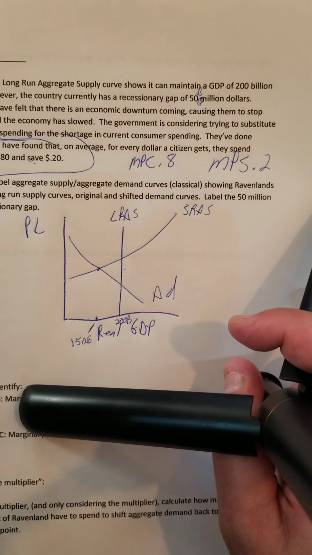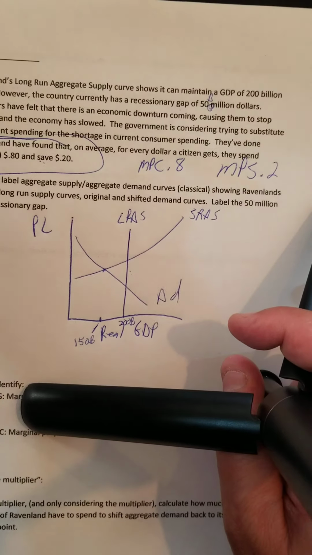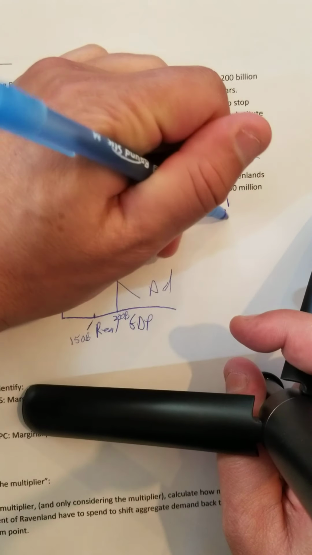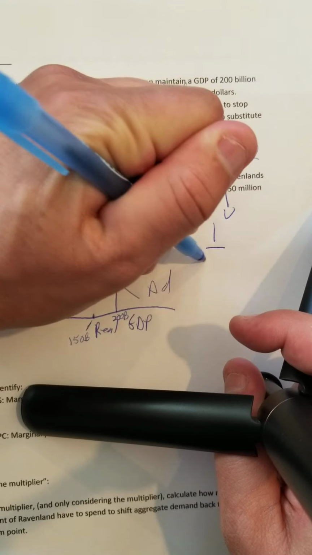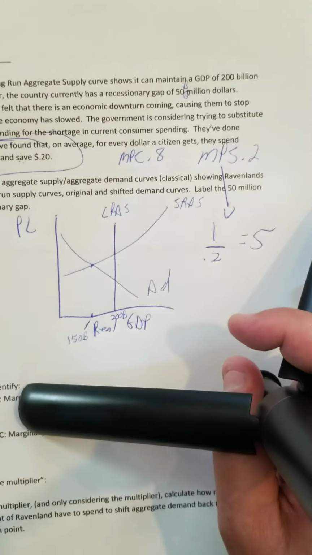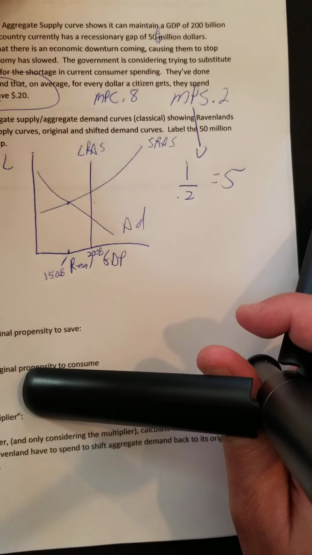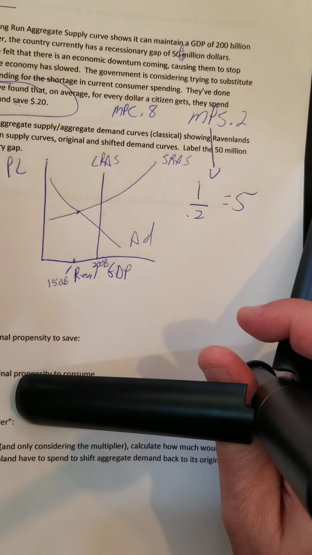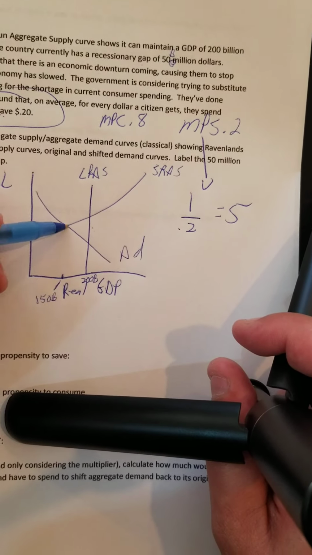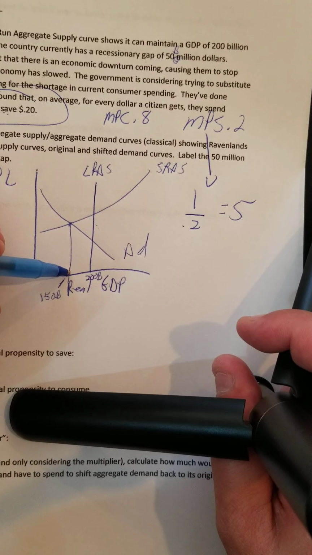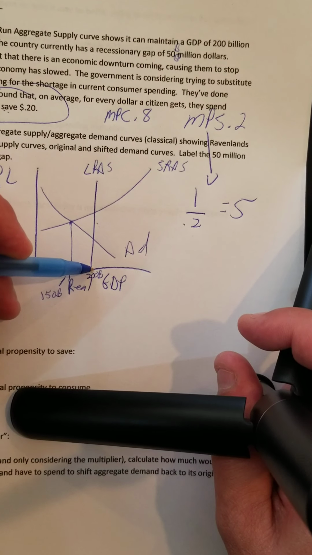From there, we figure out our spending multiplier. Our spending multiplier is 1 over 0.2, which equals 5. That's what we apply now in order to close the gap between where we are now and our long run equilibrium.